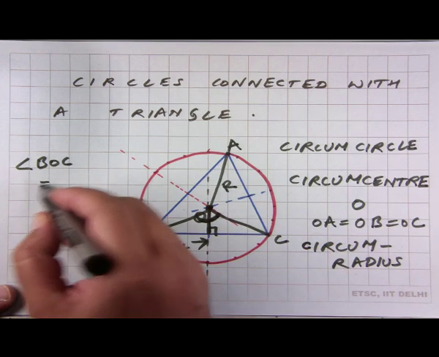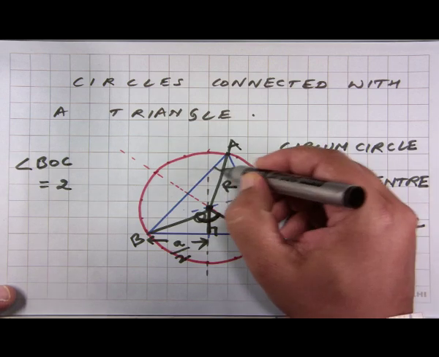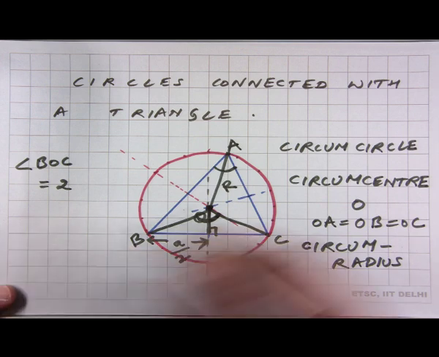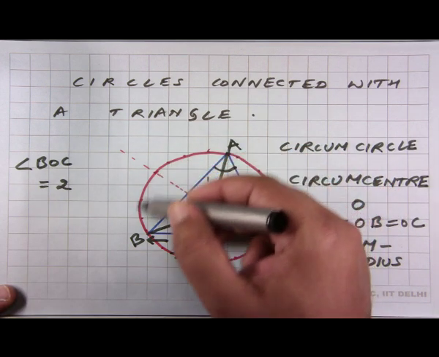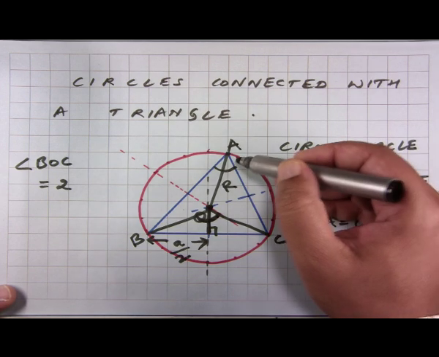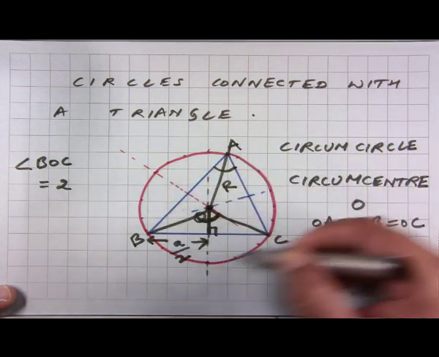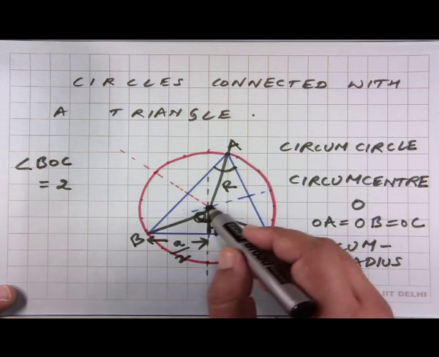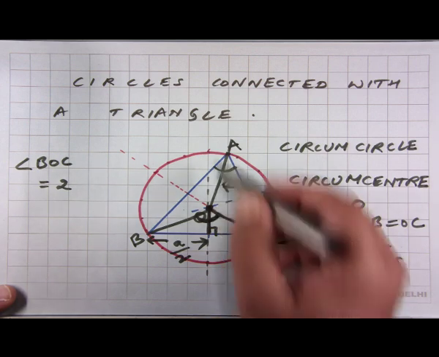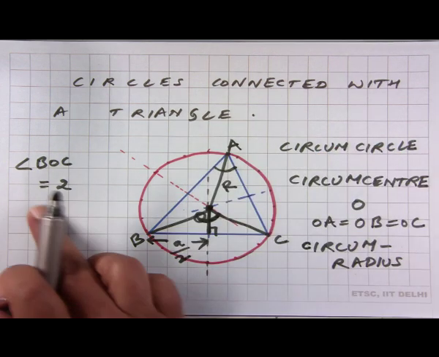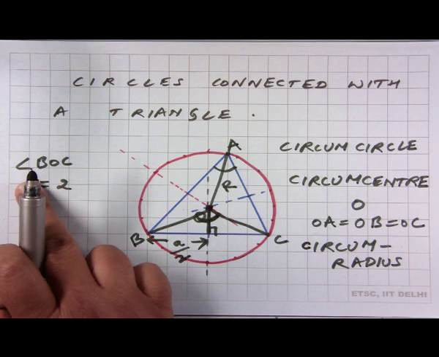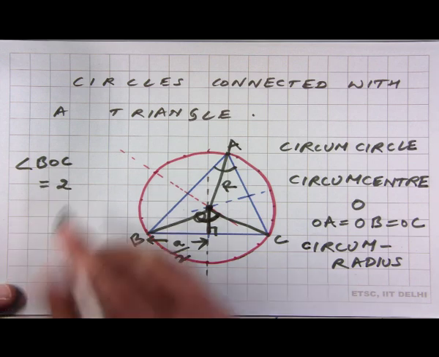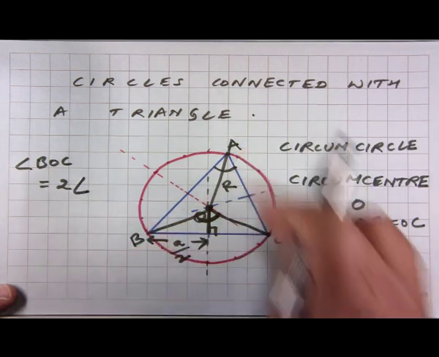For that we have to look at this circle in red. Since O is the center of this circle, it follows from basic high school geometry that angle BOC is twice angle BAC.